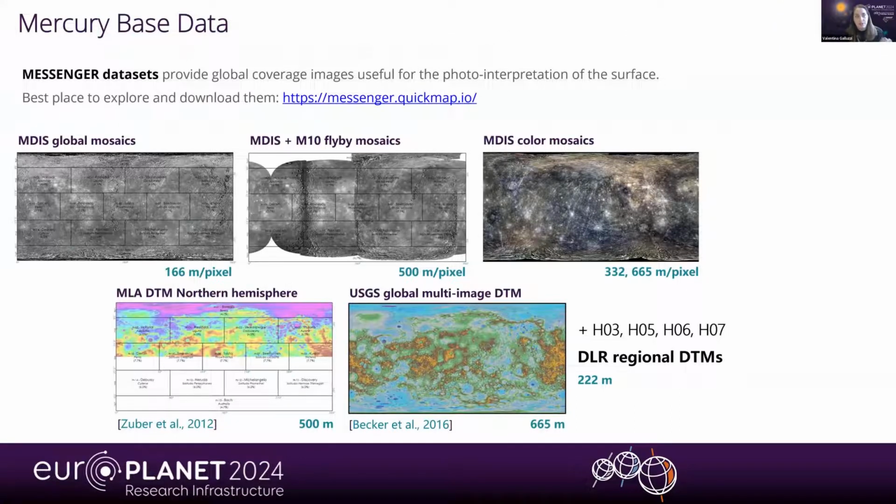The Messenger mission provided a wealth of data sets, and the main data sets that we use to map Mercury consist of a base map covering the entire planet at an average resolution of 166 meters per pixel.